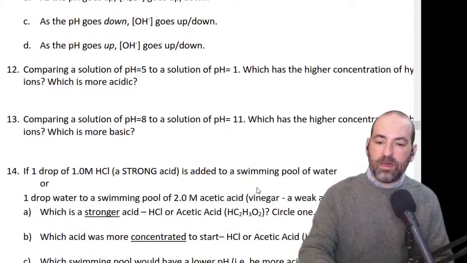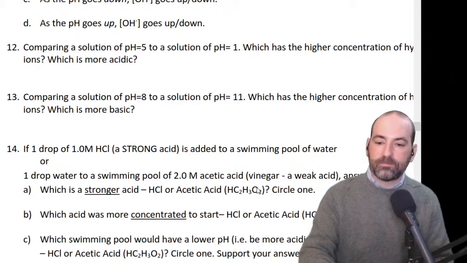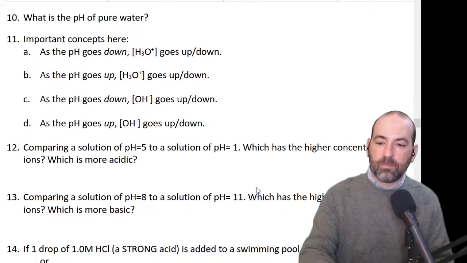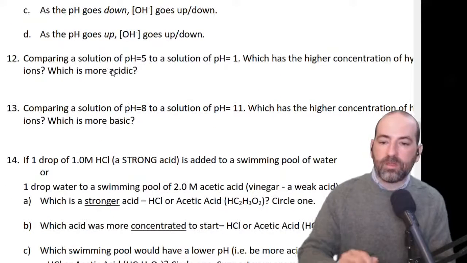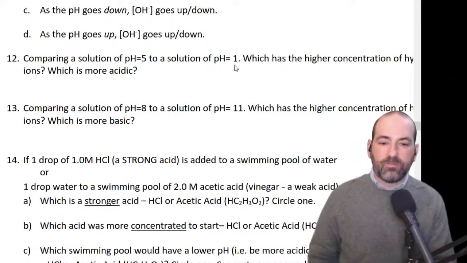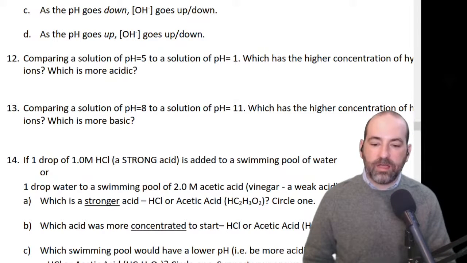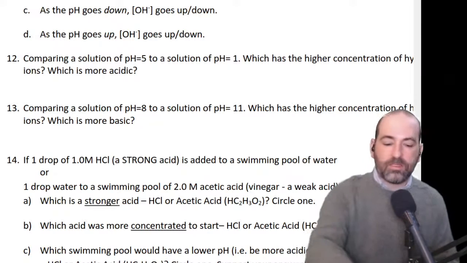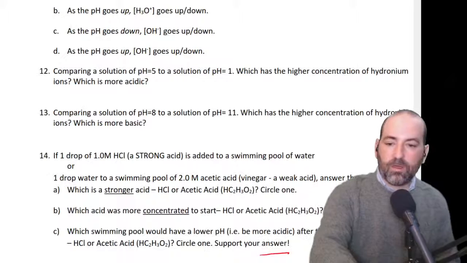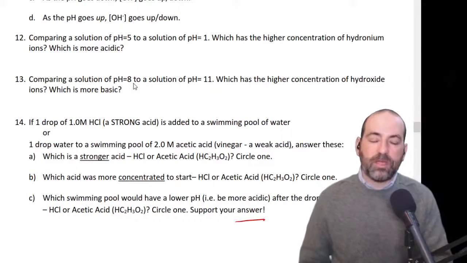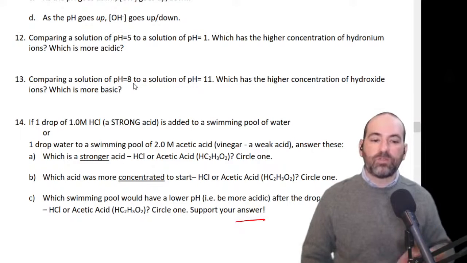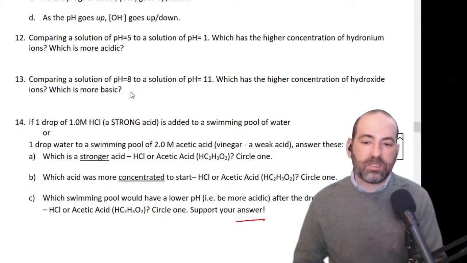So let's take a look at number 12 here. Comparing a solution of pH equals 5 to a solution of pH equals 1, which has the higher concentration of hydronium ions and which is more acidic? Well, we can figure out those concentrations by doing the opposite of the negative log, which is raising 10 to the negative exponent.